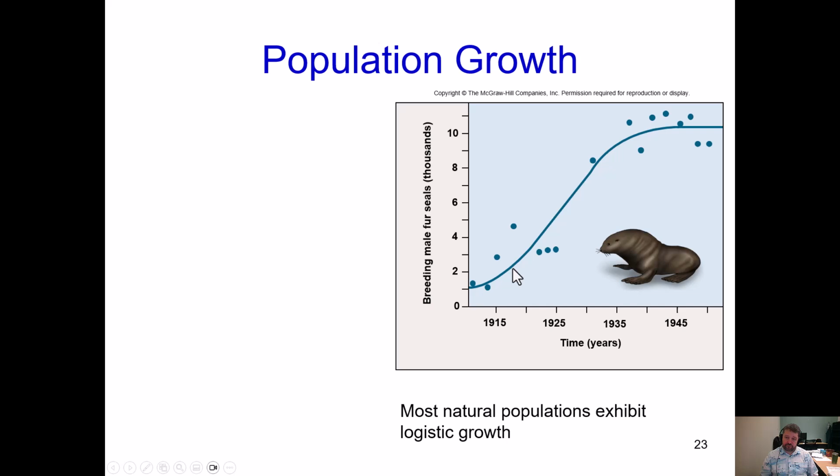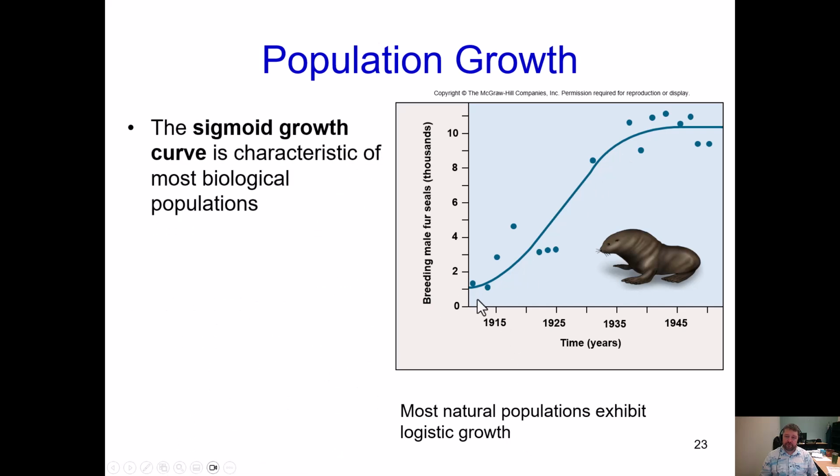It starts off looking like it's going to be an exponential growth curve. It starts as that J, but then that J starts to straighten out, and it becomes a sigmoidal growth curve, or an S-shaped growth curve, which is indicative of the logistic growth model.